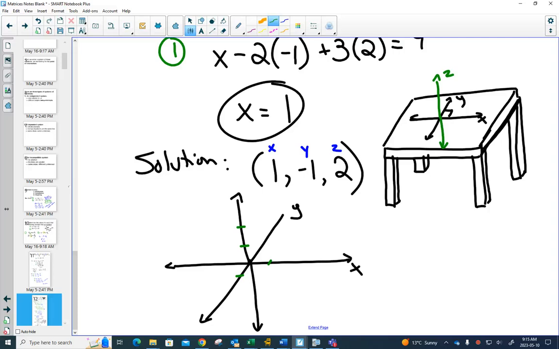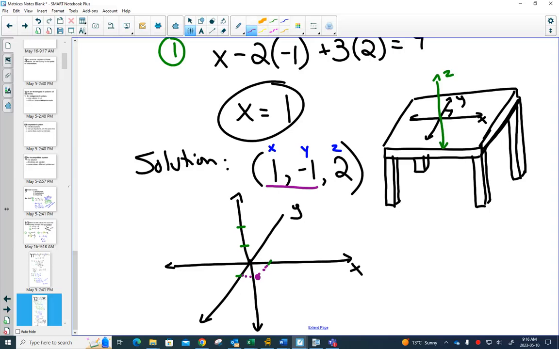So first of all, if you just had to plug in the x and the y part, and I'll underline that in purple, if you were drawing this point on your piece of paper on the table, that point would be right there, 1 to the right and 1 down. That's where it would show up on your paper.